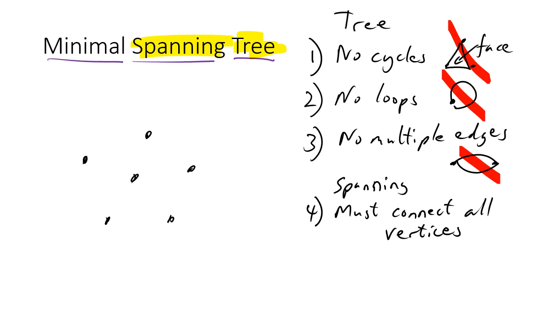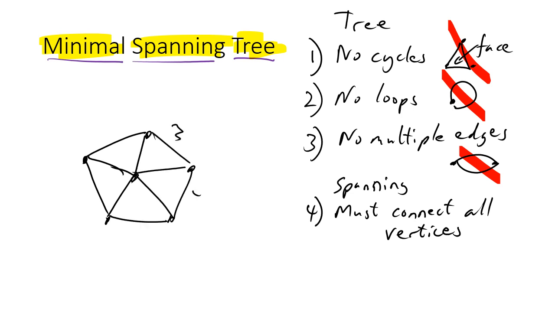All right, now the last part is the minimal part, and the best way to describe that is that you've got weights on these things, so you might actually have a big graph like this, where they're all connected up, and it says 3 and 4 and 2, 1, 0.